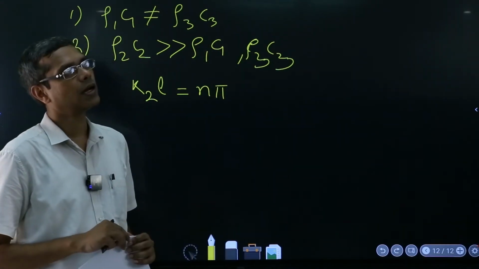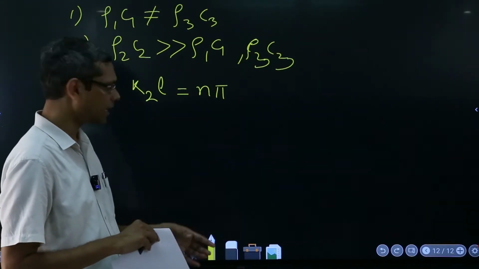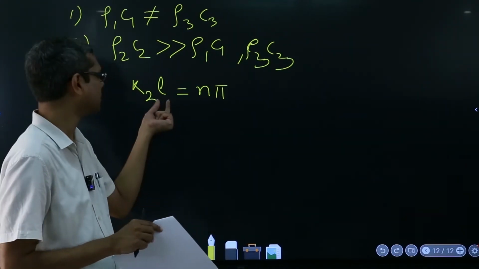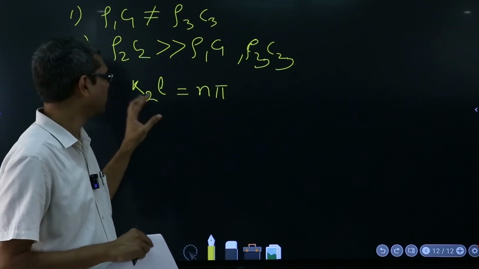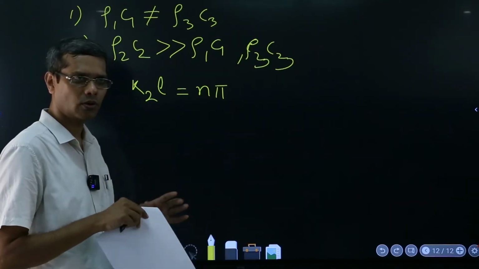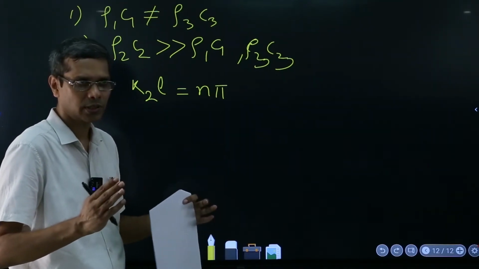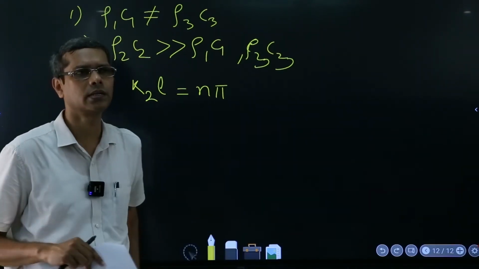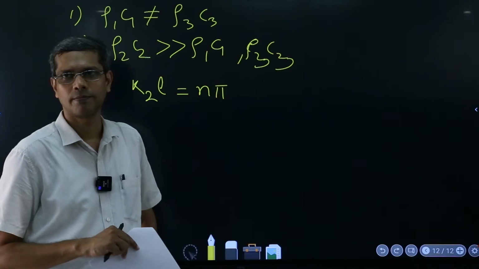That means that particular layer need not be thin as such, it can be as thick as you want, but for that particular frequency or near those frequencies, a particular band, it's almost like getting transmitted.